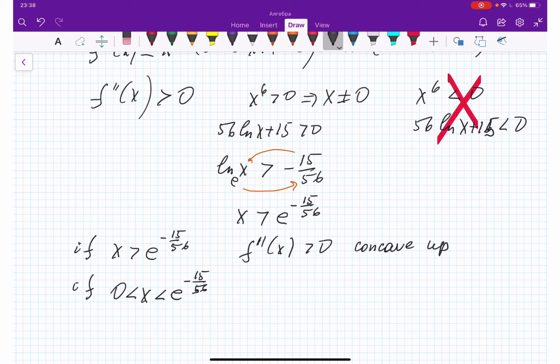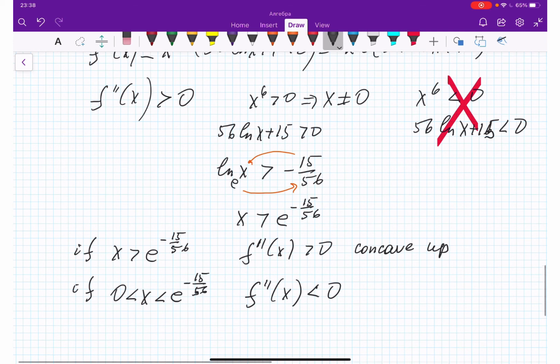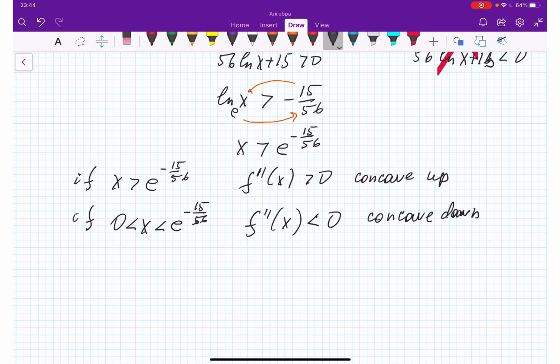And I don't put an equal sign where it comes to 0, otherwise I can't have the concavity. So the second derivative of f is going to be, in this case, less than 0. You can try and you will see. And we will get concave down.